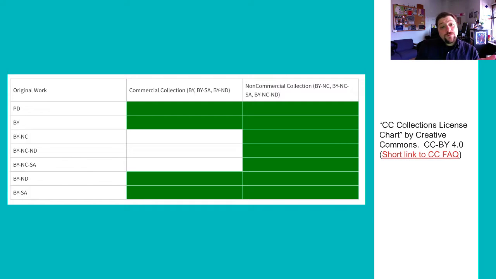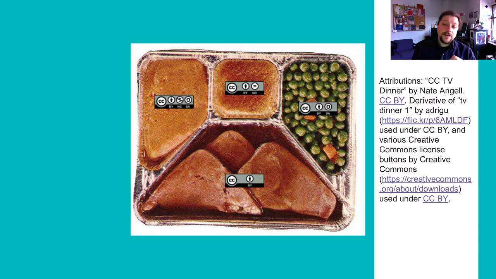So how do you know what you can license your collection under? Well, let me take a step back. Why would you need to license a collection? Well, the collection itself is kind of a creative work, but you can also put certain preambles.